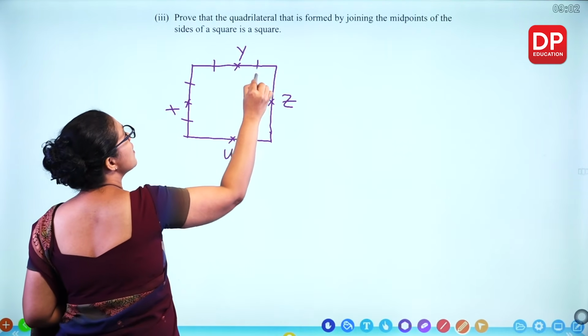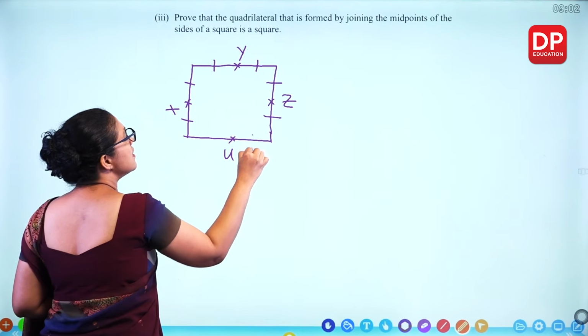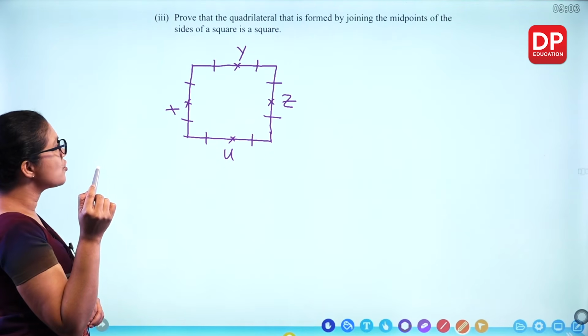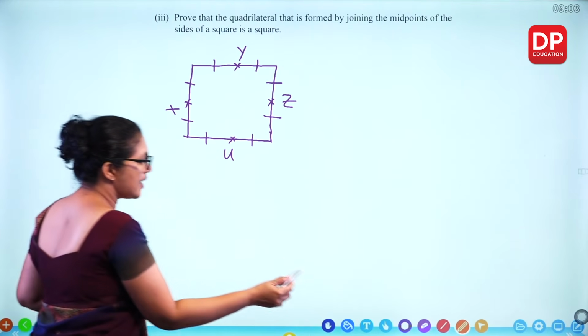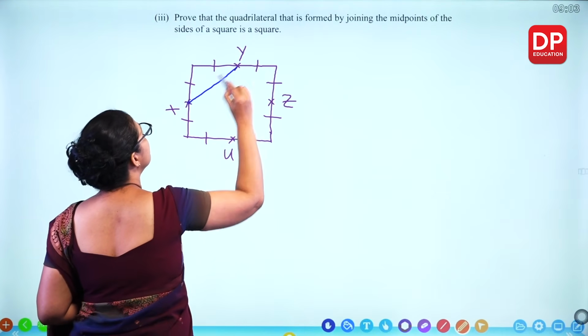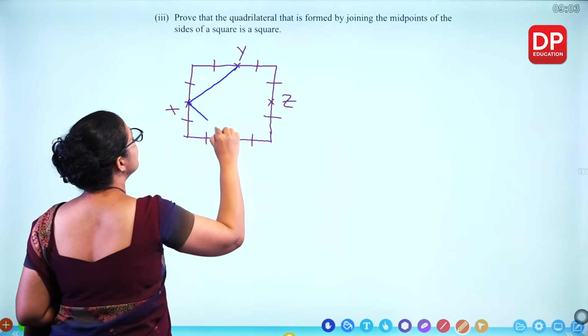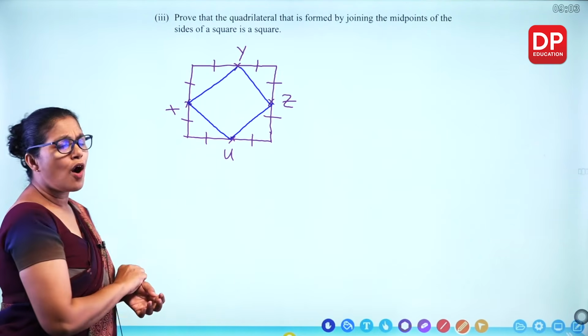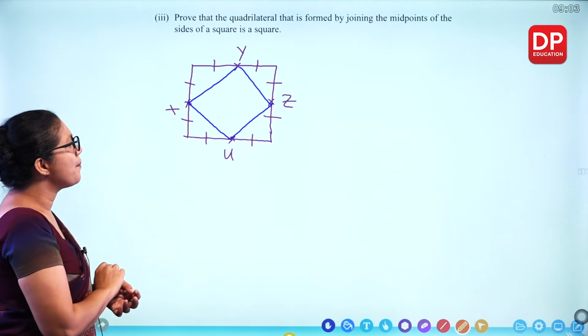All lengths are equal because in a square all sides are equal. When you take midpoints, the lengths are also equal. Now connect this one and see what happens. Now this also becomes a square. So how do you prove that this is a square?